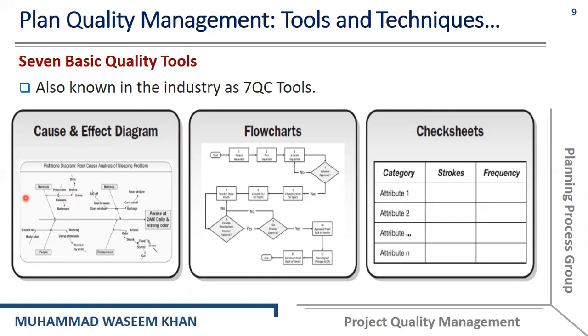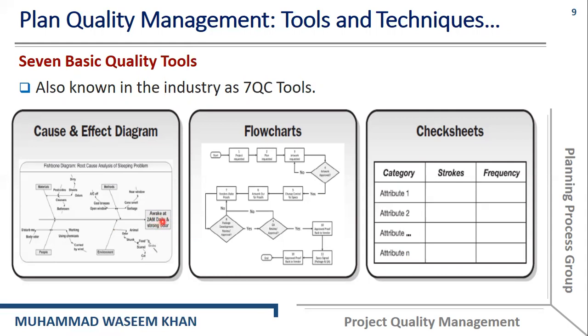Okay, so a cause and effect diagram is a diagram that is used to identify the basics and the root causes of a particular problem. So what we do here, we write a problem in this particular box, or in the head of the fish.